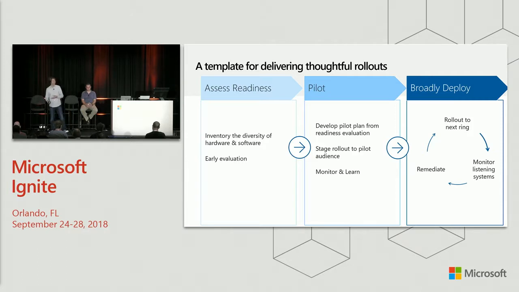When we go into a pilot, this is an interesting challenge that we know that you all face, which is, given this great diversity of hardware and software that you're having to deal with, how do you now do some compute, usually in your head, with a bunch of testing, in order to figure out a set of machines that best represent that diversity that you're dealing with, the smallest amount possible, so that you can dip your beak and get a sense of, okay, how is this going to work before my broad rollout?